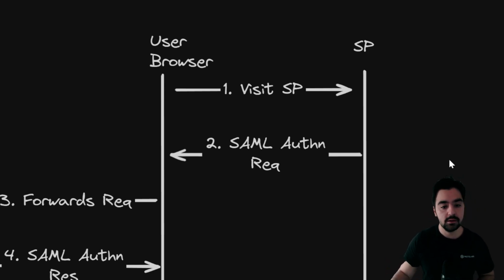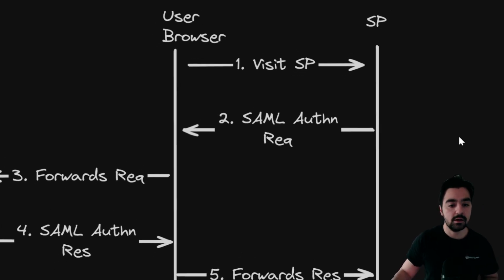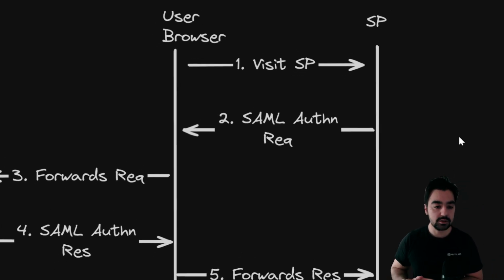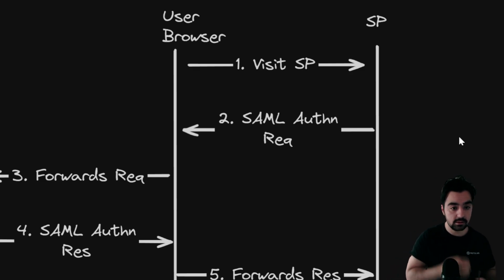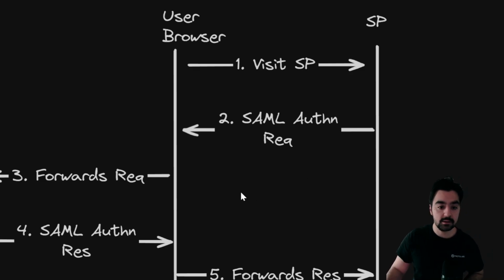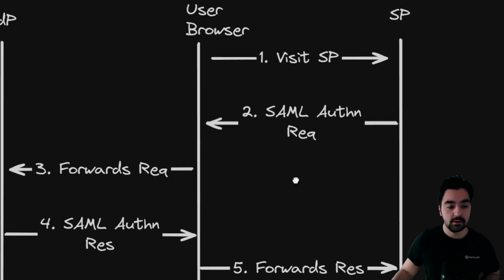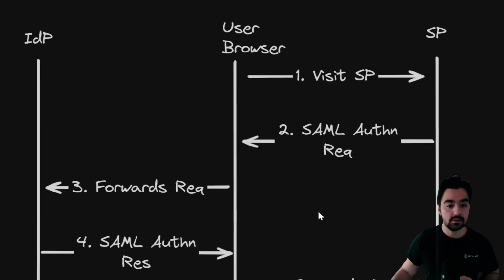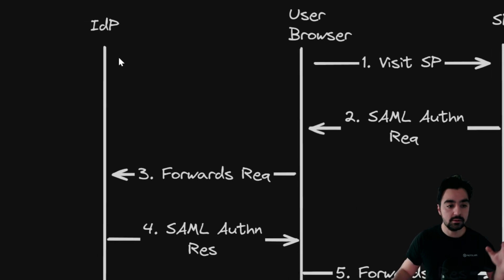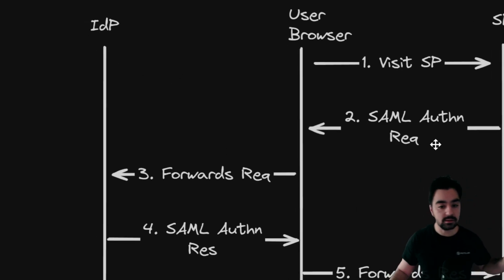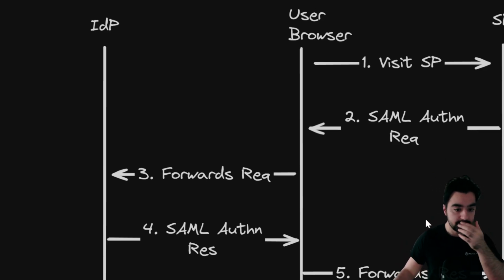Once the user tries to access the service provider, the service provider creates a SAML authentication request and sends it back to the user browser. Then the user browser is forwarded to the identity provider alongside this authentication request.